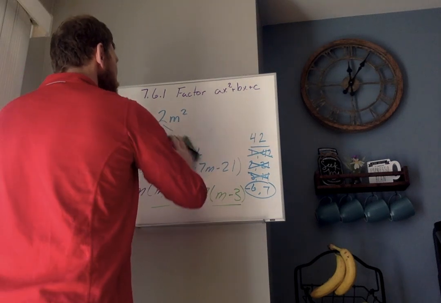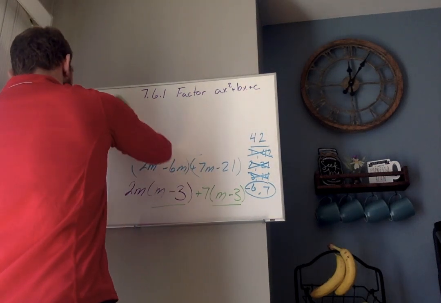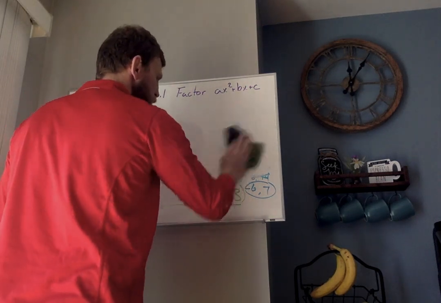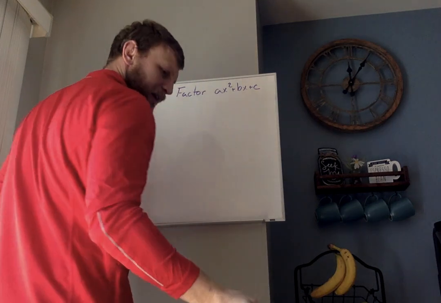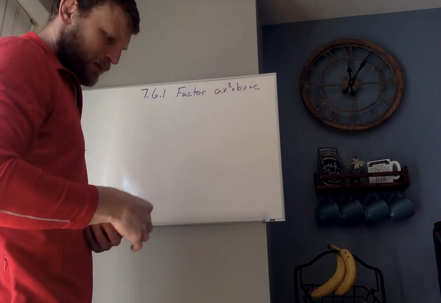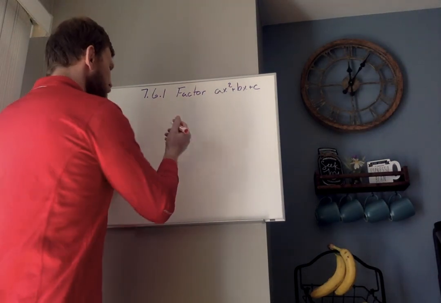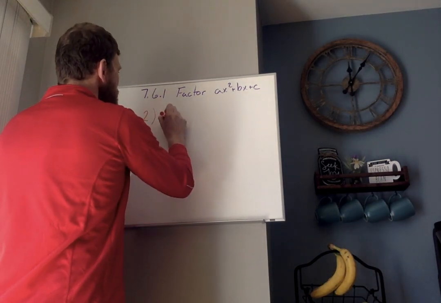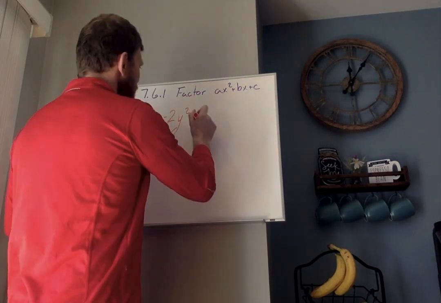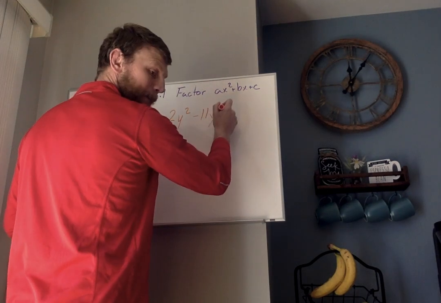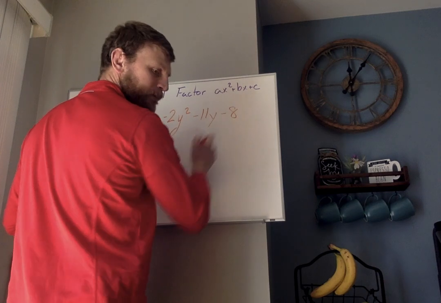Now let's look at number 2. Okay. Number 2, negative 2y squared minus 11y minus 8.